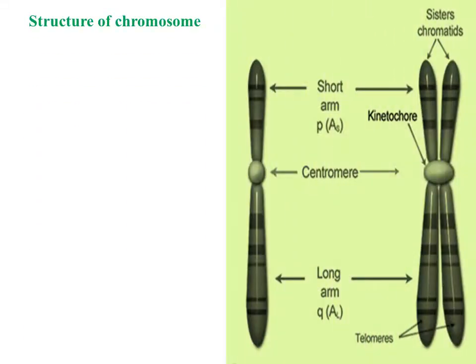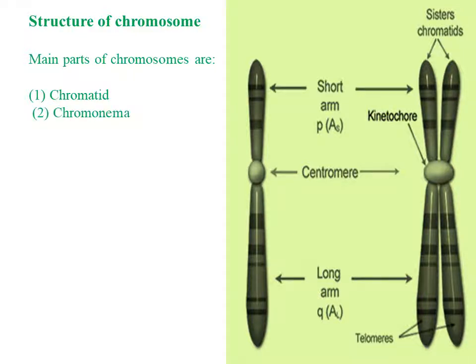Next is the structure of the chromosome. The main parts of the chromosome are the chromatid. This is the chromatid. Here these 2 chromatids are the sister chromatids. And the chromonema, chromomeres, and the centromere.